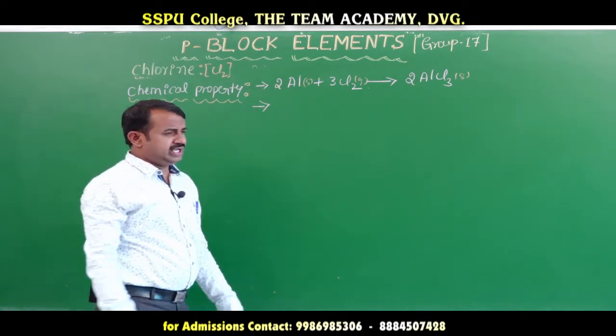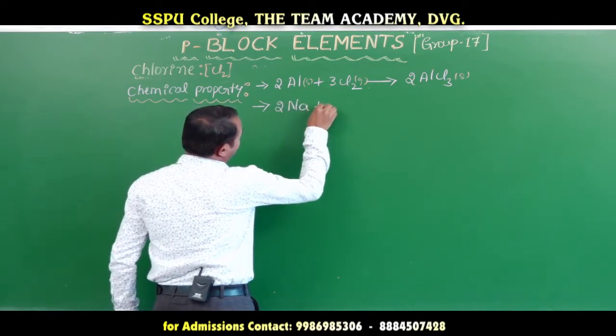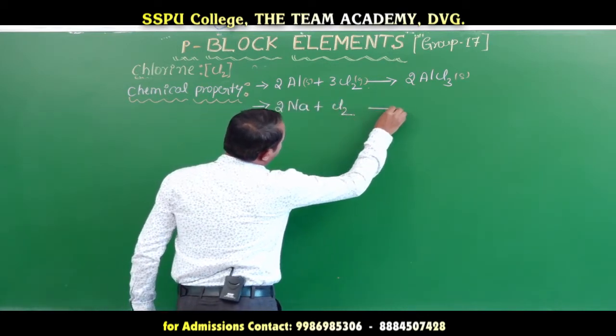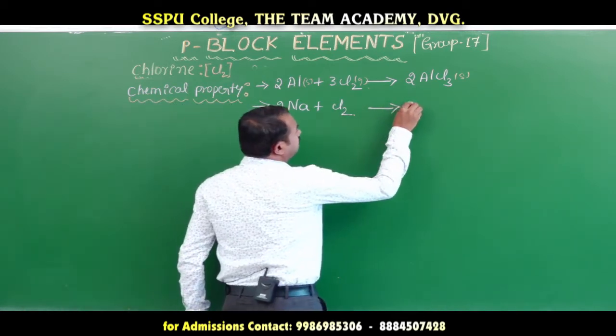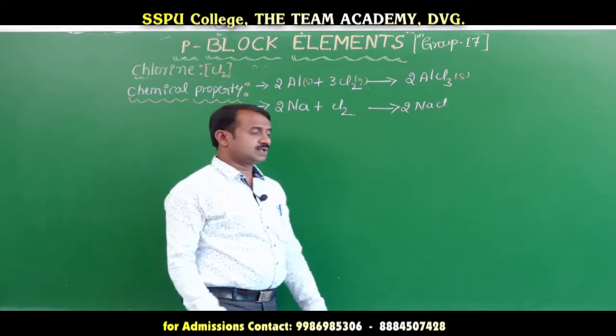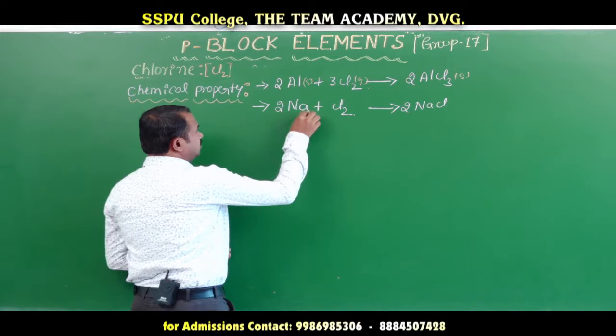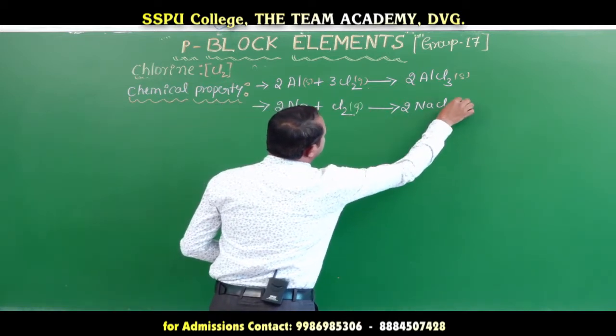When chlorine reacts with sodium metal, it forms sodium chloride. Here also, solid, gas and solid.